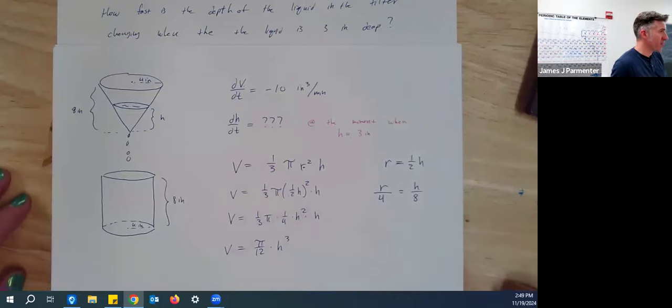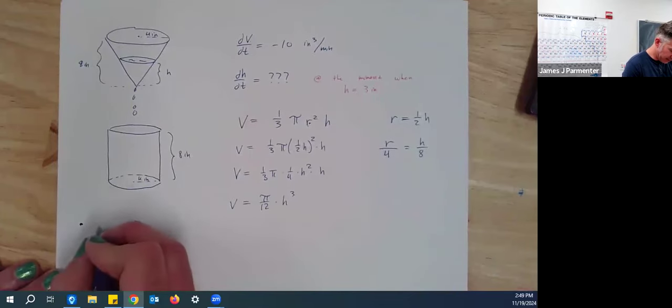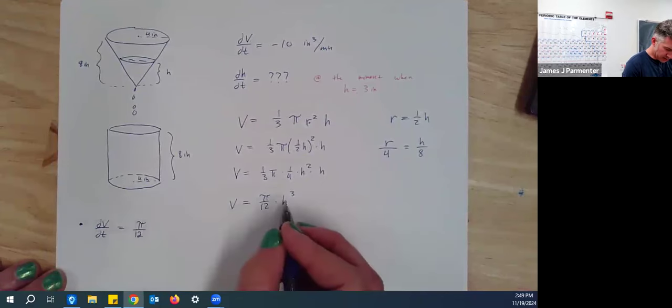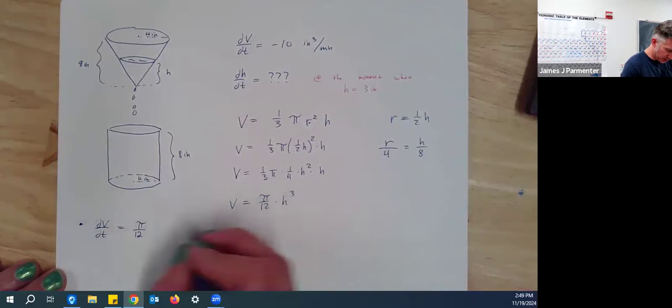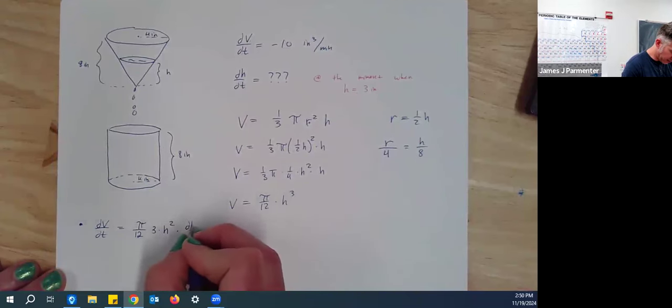And now we're in a good place to take the derivative of both sides of this equation. We differentiate both sides and get dV/dt on the left, equal to the constant pi over 12 times the derivative of h cubed, which is 3 times h squared times dh/dt.